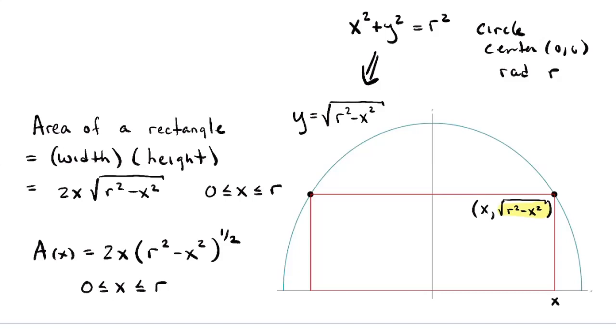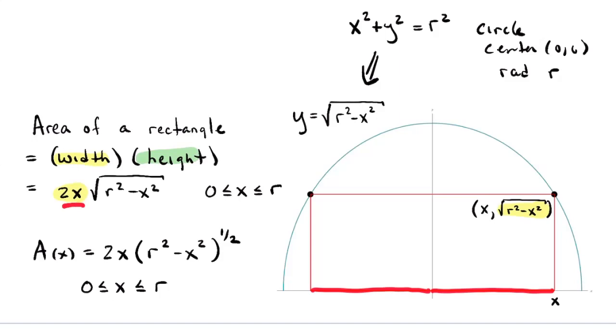Well, the area of a rectangle is certainly its width times its height. The width in this picture, you can see the whole rectangle has width 2x. The width down there is 2x because the measurement x itself is how far you are from the origin to this point, but by symmetry, this other line segment is that exact same length.